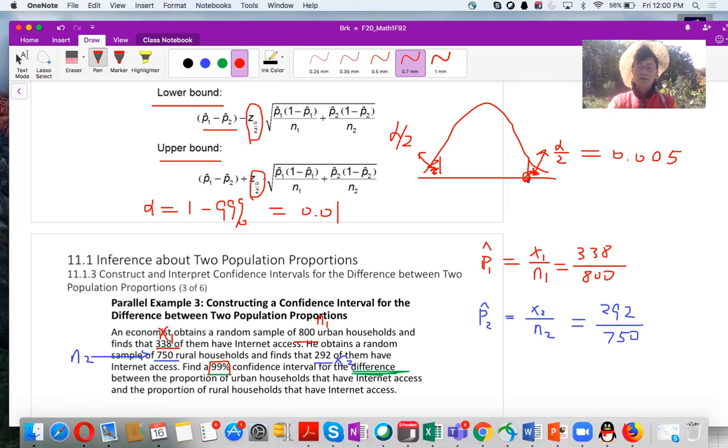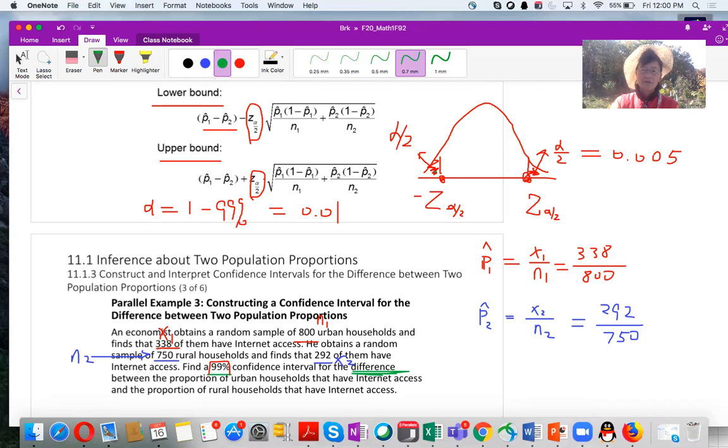So this point is z subscript half alpha, and this point is negative z subscript half alpha. Our task is to find what this z half alpha is. Again, you can use the normal distribution table to find it, but I would use Excel.